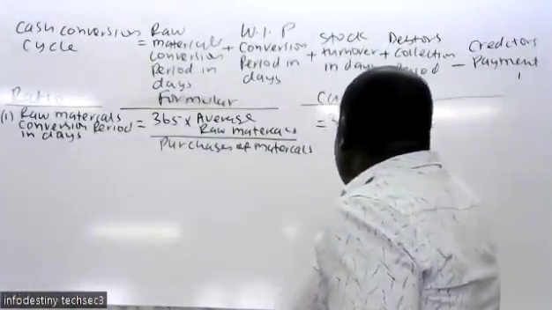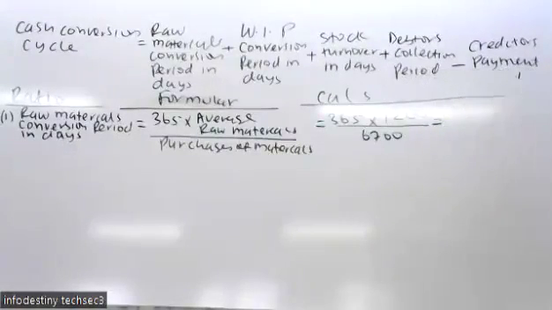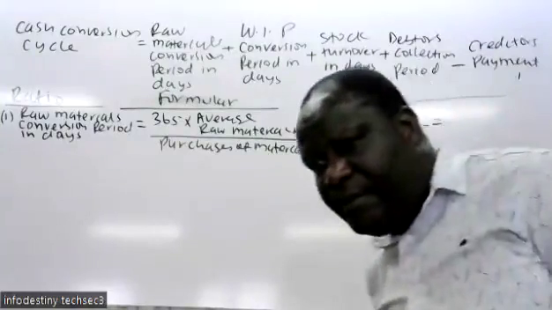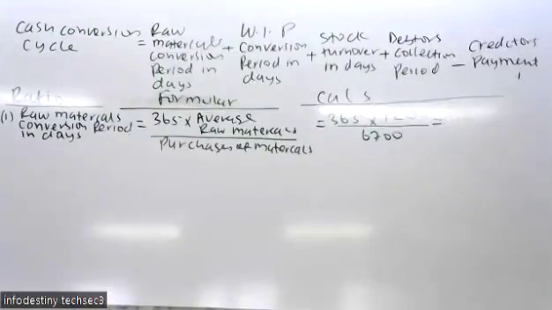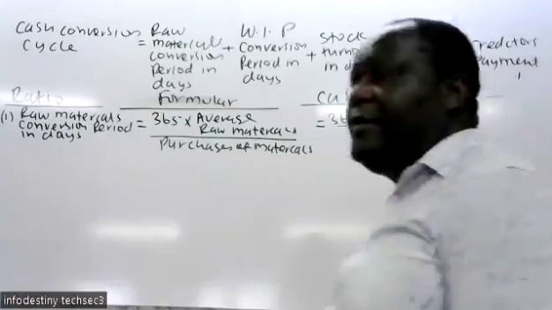So that now should give you the raw materials conversion period in days, 65 days.